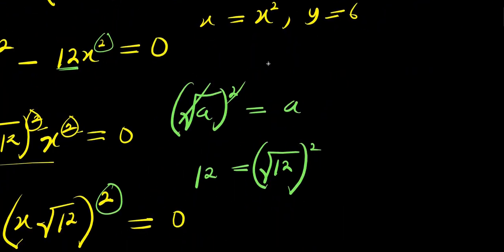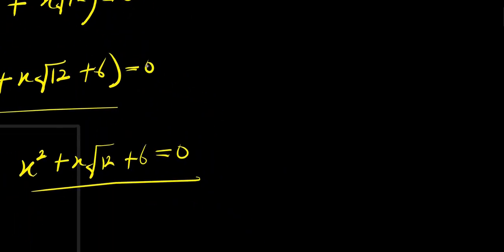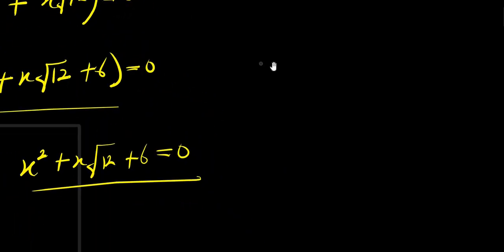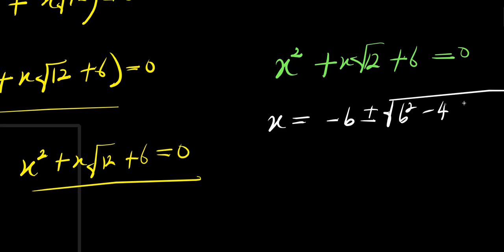So here it is now. This one, which is x squared plus x times root 12 plus 6 equals 0. So we make use of the formula method again. x equals negative b plus or minus square root of b squared minus 4ac, divided by 2a.